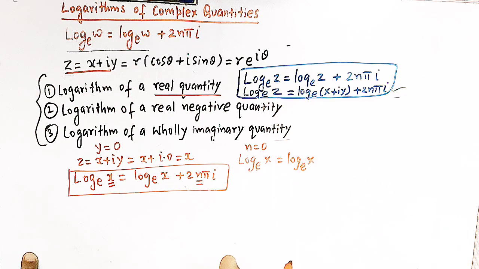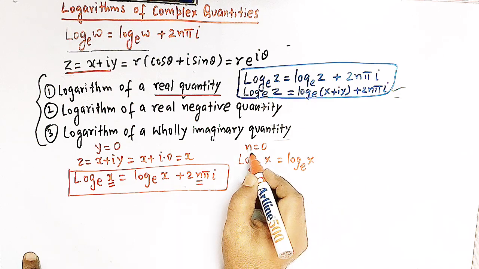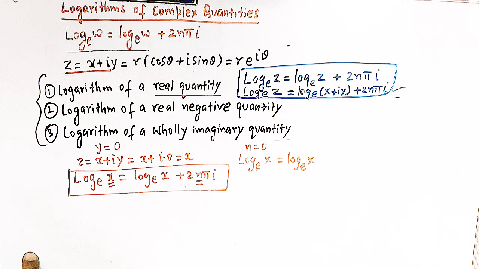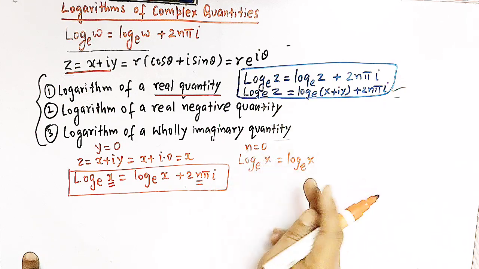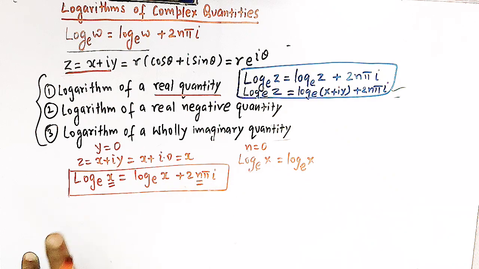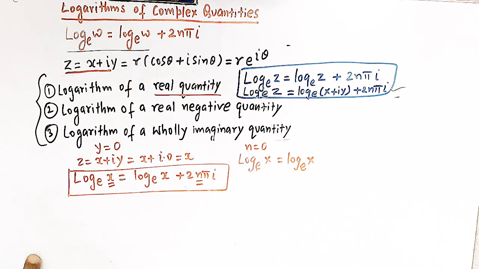So this proves that a real positive number has only one real logarithm corresponding to n equal to 0, and an infinite number of imaginary logarithms corresponding to other values of n, right? So when n is equal to 0, the logarithm of a real quantity is a real number.